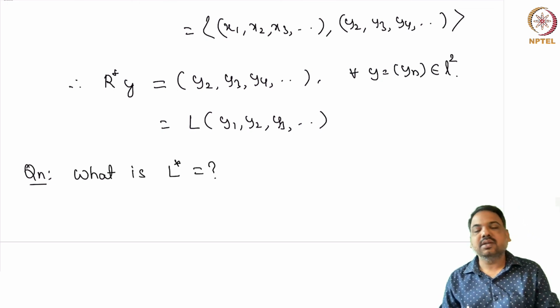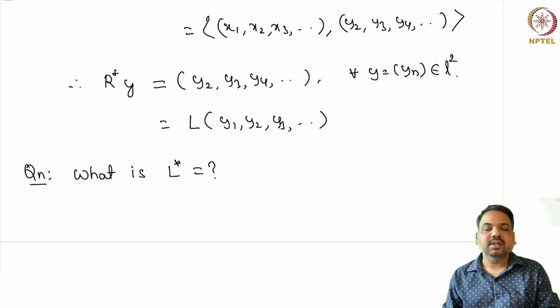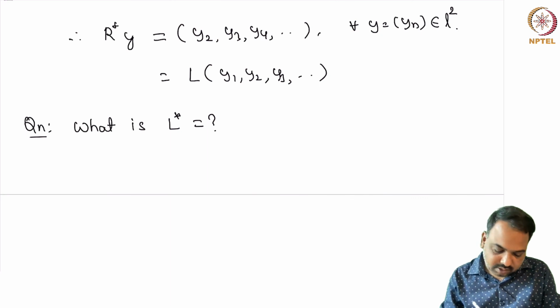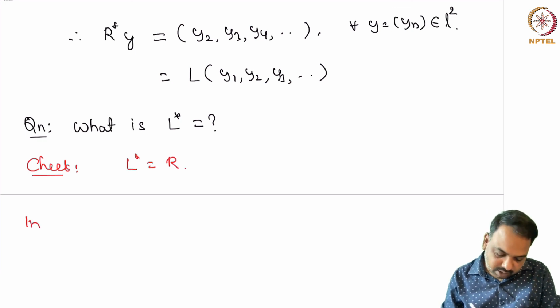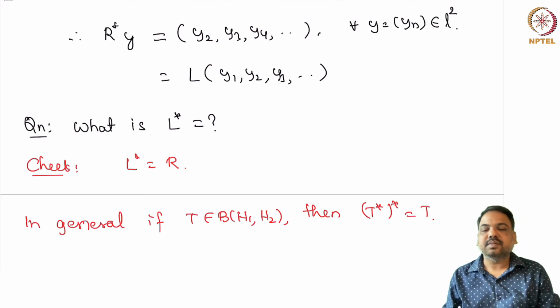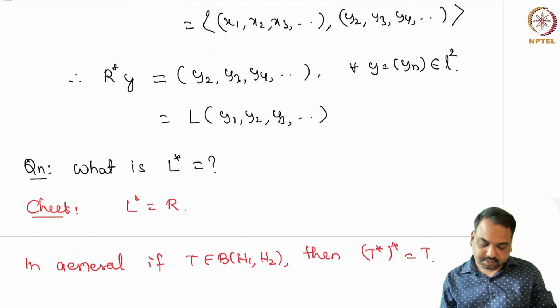In fact, surprisingly we can show that L star is again exactly R. So in general, check that if T is a bounded operator, then T star star is exactly T.